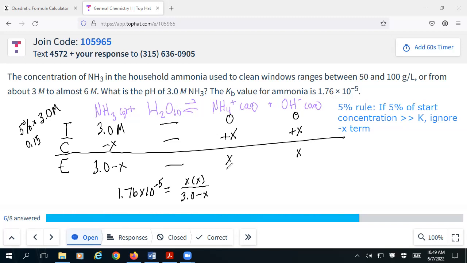That makes this a little bit easier, because what this means is that we can approximate that this expression is equal to x squared over 3.0. And that's a lot easier to solve. I don't need a quadratic to solve that.